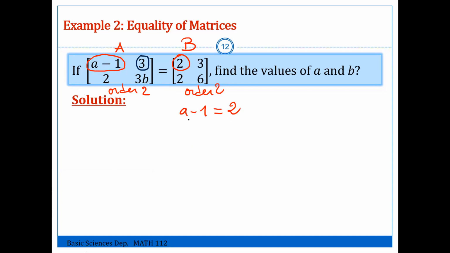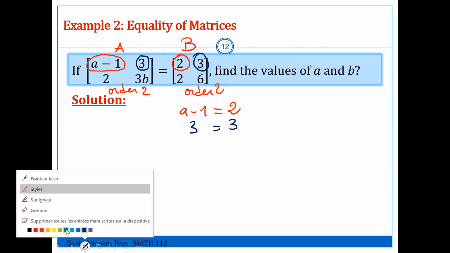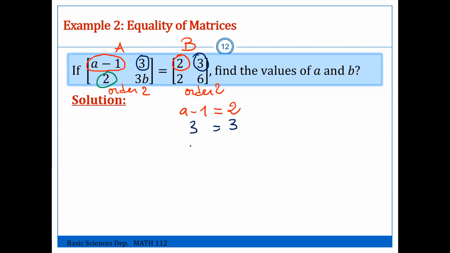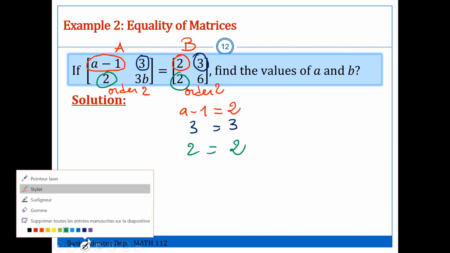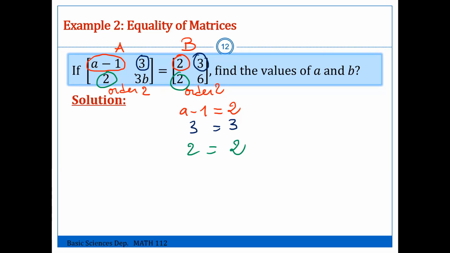This element 3 must equal this element 3. This element 2 must equal this element 2. And this element 3b must equal the corresponding element in B, 6. So these are the conditions for which the two matrices are equal.